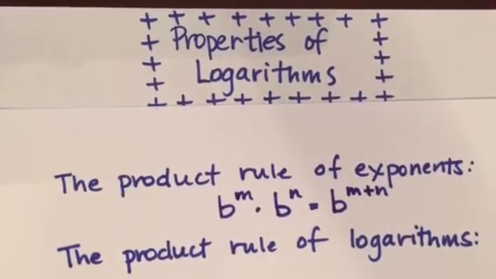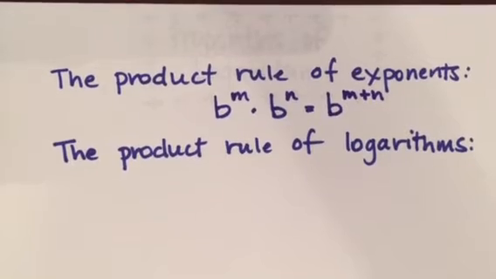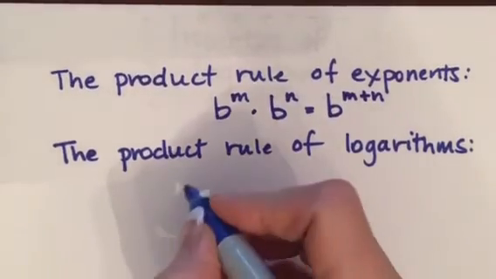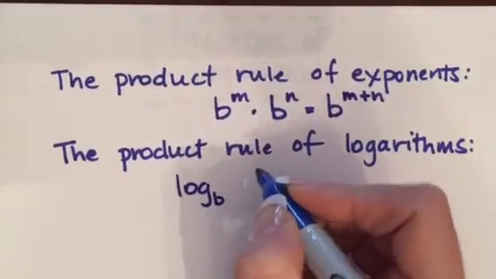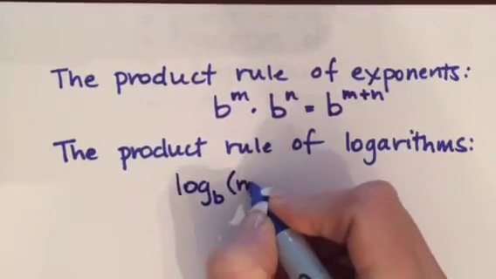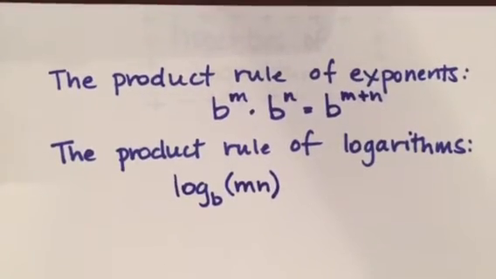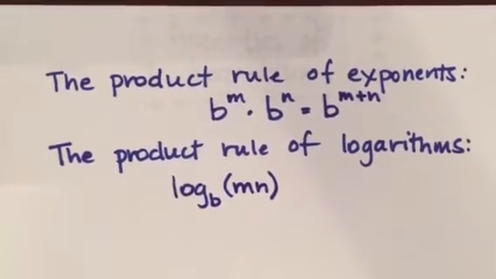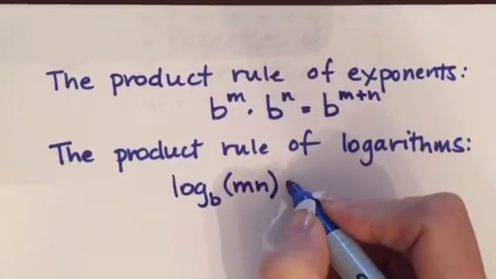And that looks like this. If I have a logarithm with a base of b of a product m times n, then I can break that logarithm up into two different logarithms and they are summed.